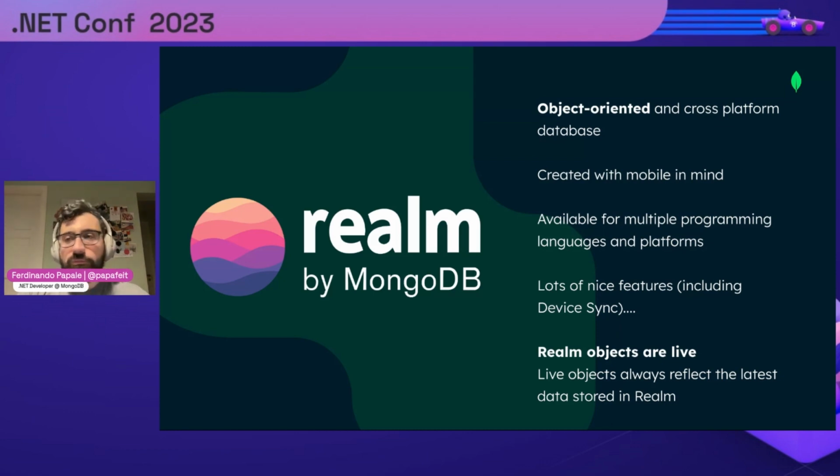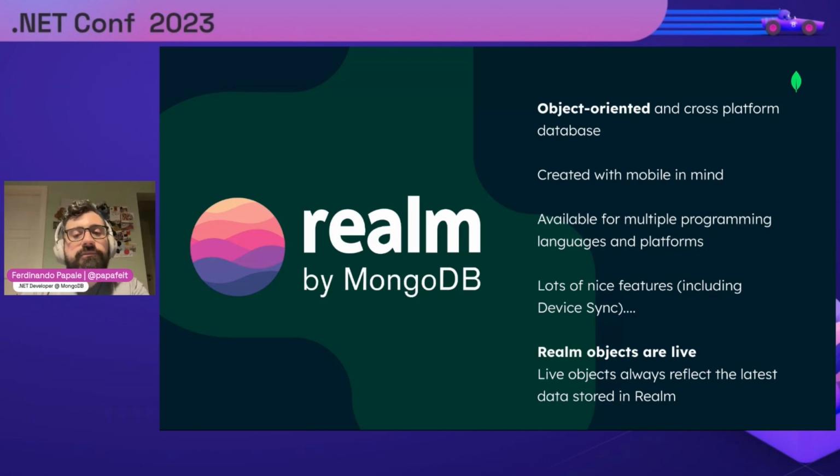It's available for multiple programming languages like .NET, Kotlin, Swift, TypeScript, and so on, and for multiple platforms. It has a lot of nice features, including Device Sync, which allows you to synchronize objects between multiple devices and with Atlas, so MongoDB in the cloud. But those are not very important.